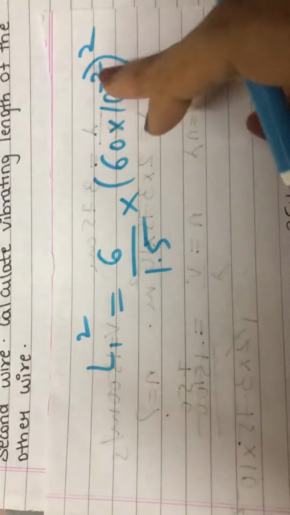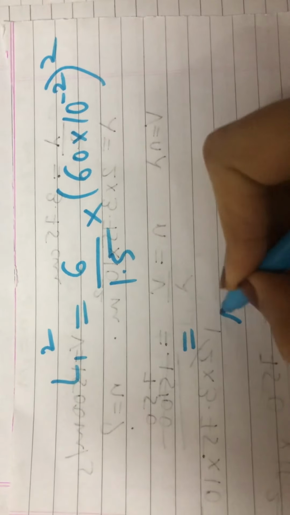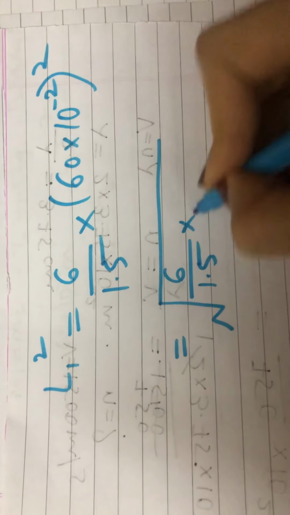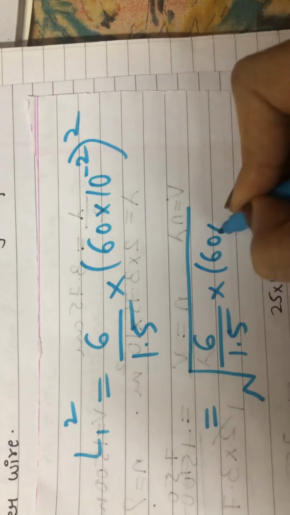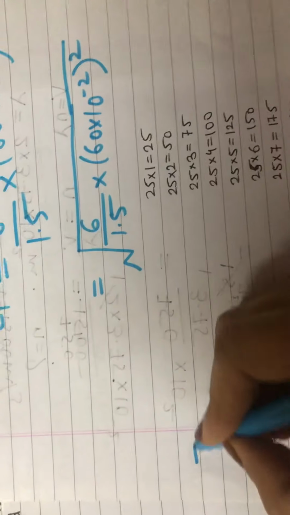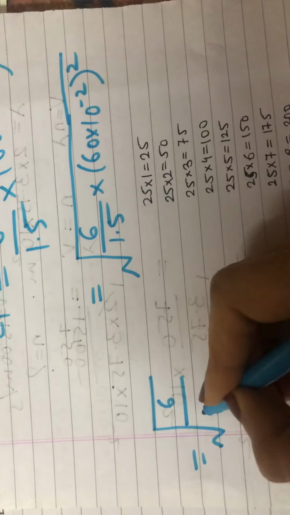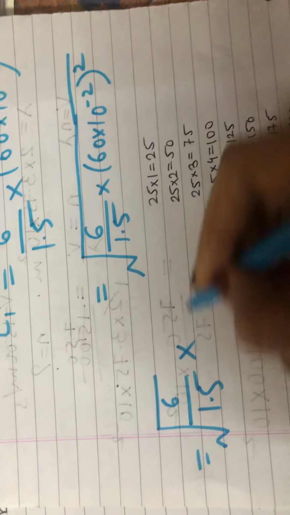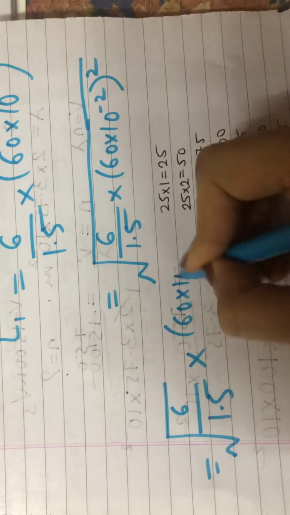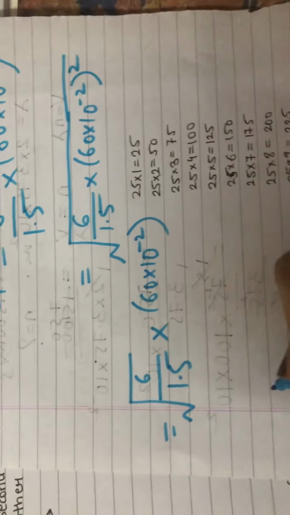Now if I take the square root, it will be the square root of 6 upon 1.5 into 60 into 10 raised to minus 2. What remains inside the square root is just 6 upon 1.5, and the square and square root cancel, so 60 into 10 raised to minus 2 comes out of the square root.